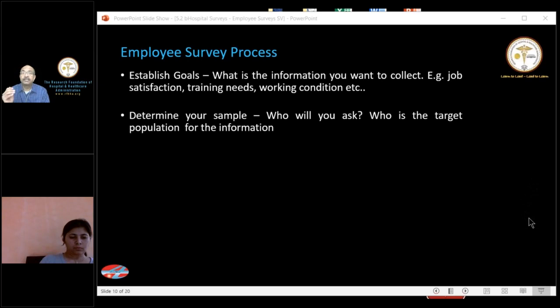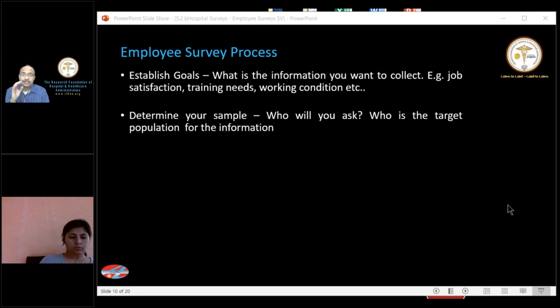However, many times this may not be possible. Why? Because you may have limited resources to carry out a survey. Maybe the organization is so large that it is not possible to obtain all the responses in a short span of time, or you don't want to do so much work of getting all the responses and then analyzing them and invest so much energy and effort into the process.